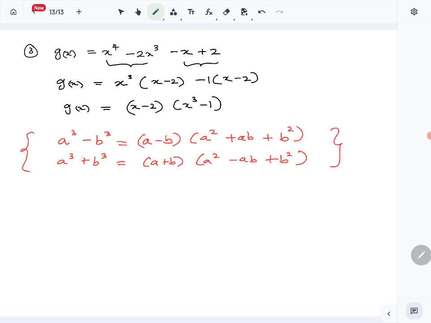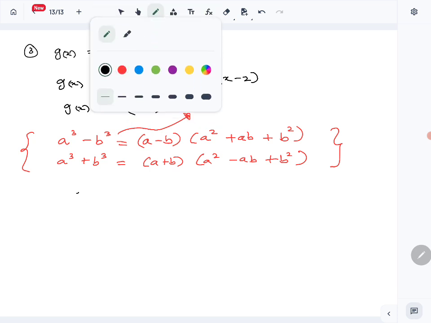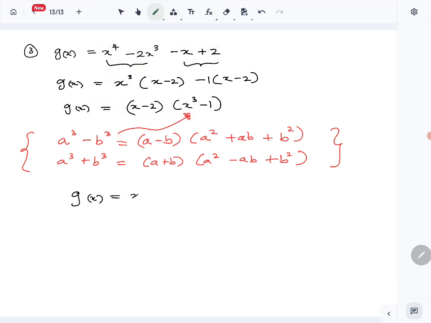So now using a cube minus b cube, you can fully factor this one. So you will get g of x is equal to x minus 2. 1 is 1 cube, so you can write it as x minus 1 times x squared plus x times 1, so plus x, plus 1 squared, which is 1, right? This one you can't factor further, okay?